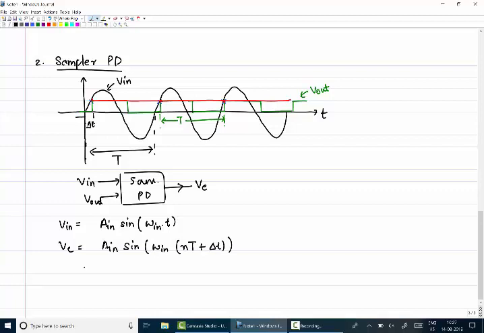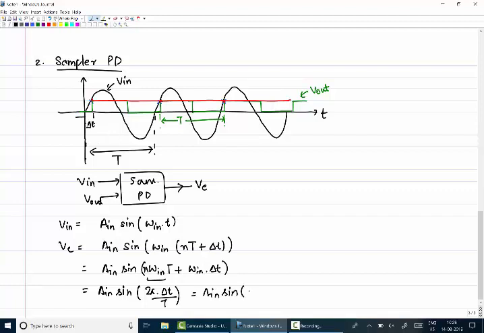Okay, so V error is equal to A in times sine of (omega in times n times T plus omega in times delta t), and this part, you know, is equal to n times 2 pi. So this is equal to A in times sine of omega in times delta t, I can write it as delta t over T, which is also equal to A in times sine of delta phi.